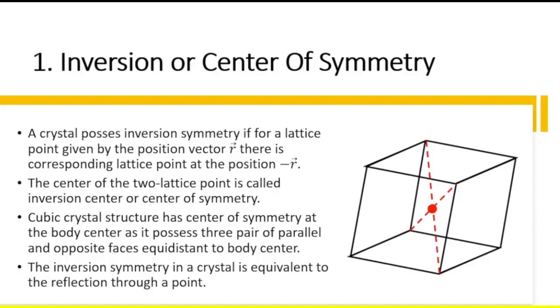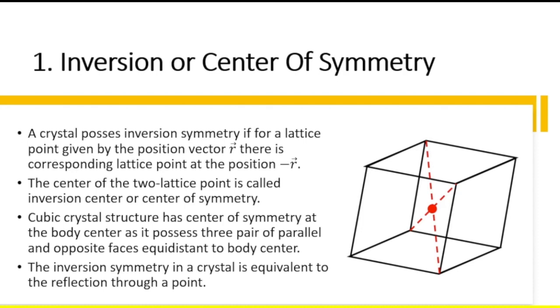In the inversion symmetry, a crystal possesses inversion symmetry if there is a point in the lattice and a lattice point is situated at position vector r with respect to that point, and there is a corresponding lattice point at the position minus r.